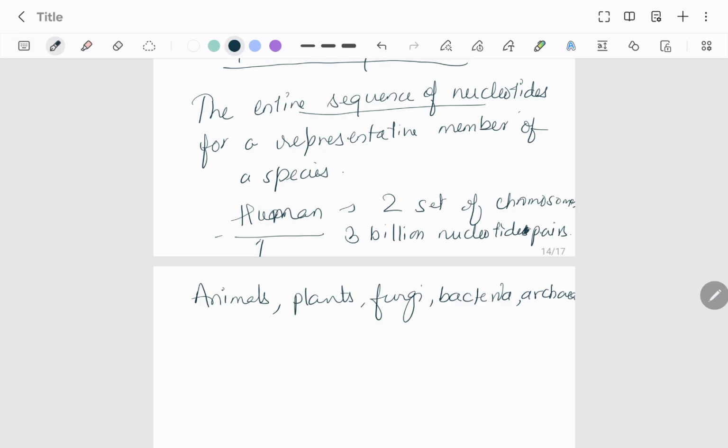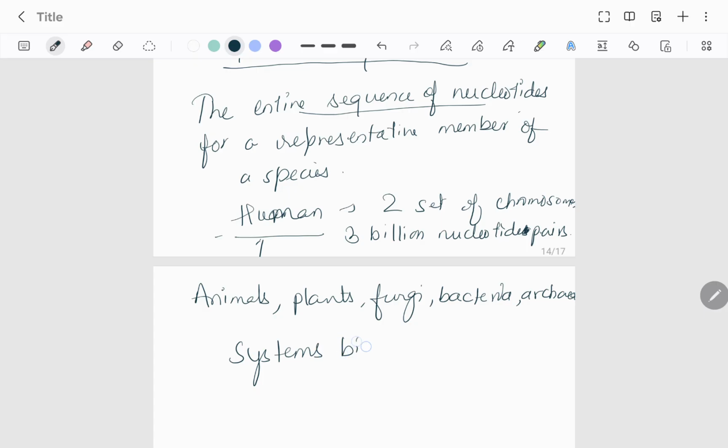Archaea. So for different organisms, the genome sequencing has been done. Okay, so if you have to study the genome sequence inside a cell, you need to apply which approach?